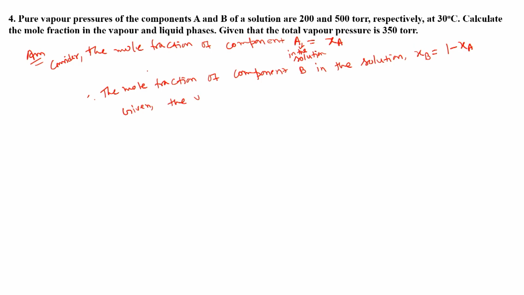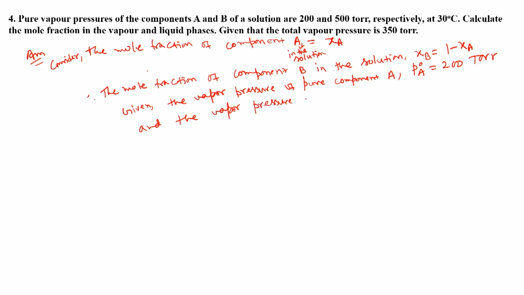Given the vapor pressure of pure component A is 200 torr, if we say this is PA naught, 200 torr, and the vapor pressure of pure component B, we say this is PB naught, is 500 torr.